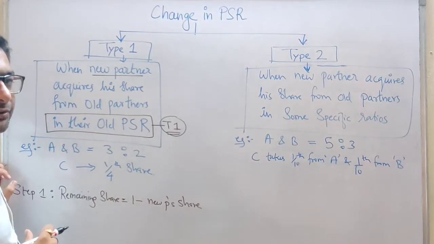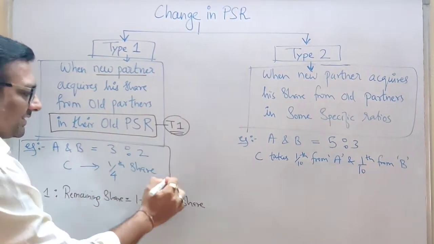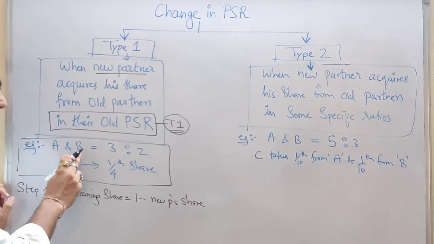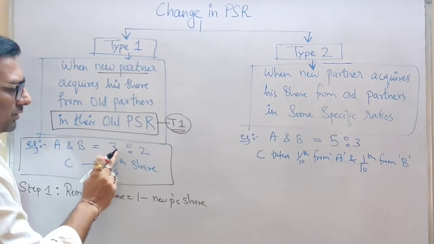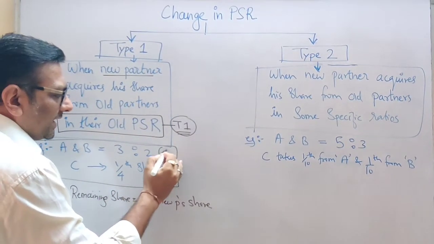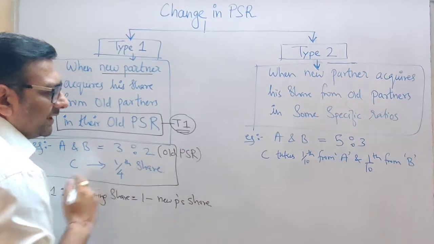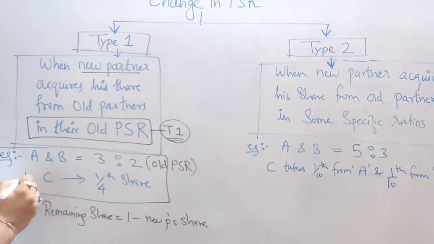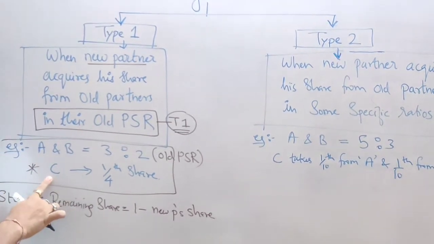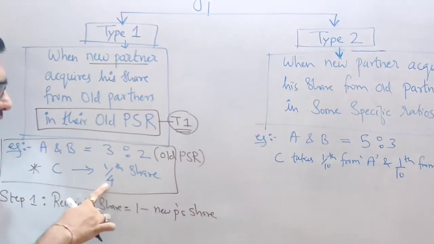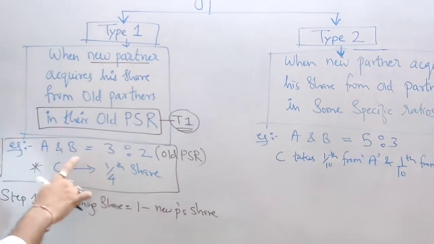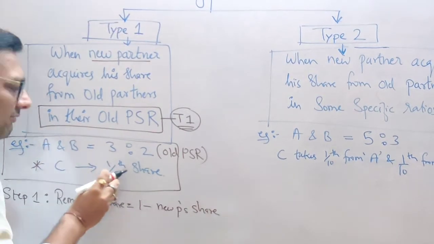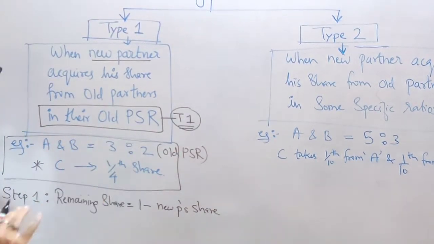Now, how to identify it, students? This is the example which I have already written on the board. A and B are sharing profits in the ratio 3:2. This is the old profit sharing ratio between A and B, 3:2. And what does the question say? Mr. C is a new partner and he is going to get 1/4 share from A and B. Now how he is going to get the 1/4 is not given in the question.